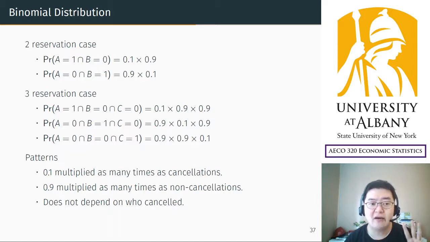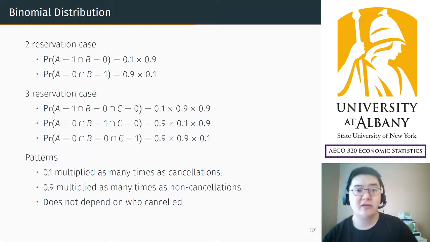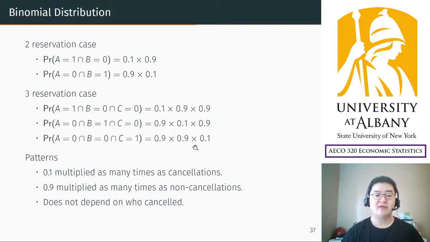And finally, it does not matter who succeeded and who failed, but you have to count the different combinations. What matters is just the number of combinations, not exactly who succeeded and who failed.